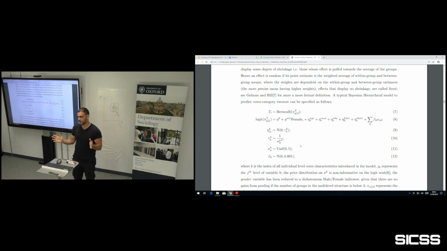How many of you are familiar with the term shrinkage? Yes, very good. It is a form of regularization.